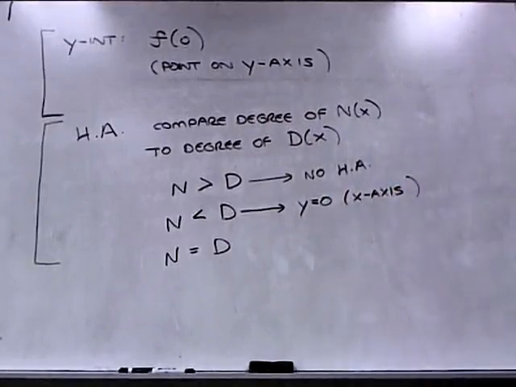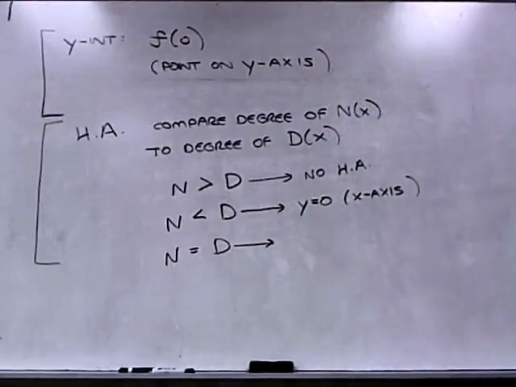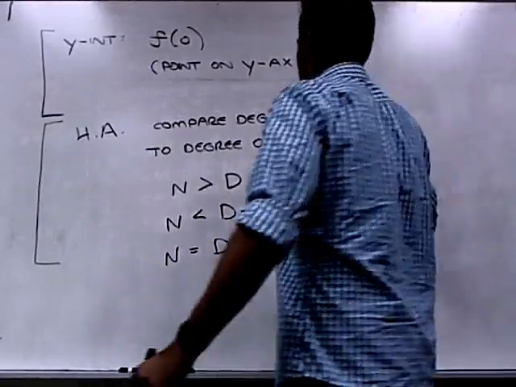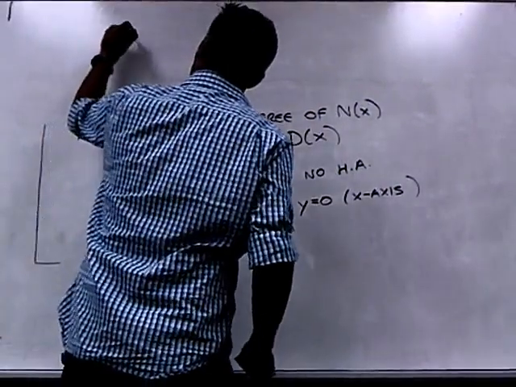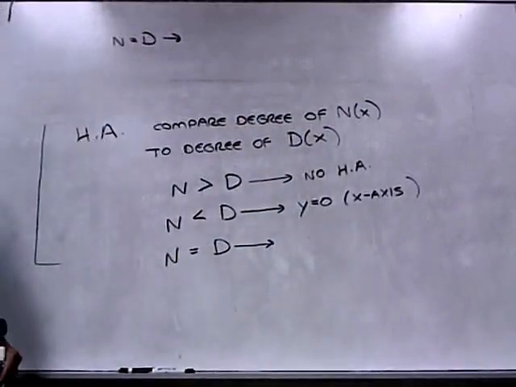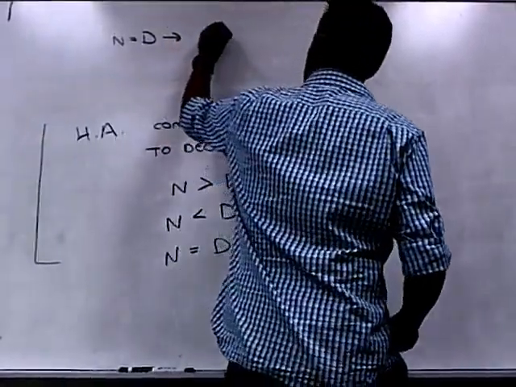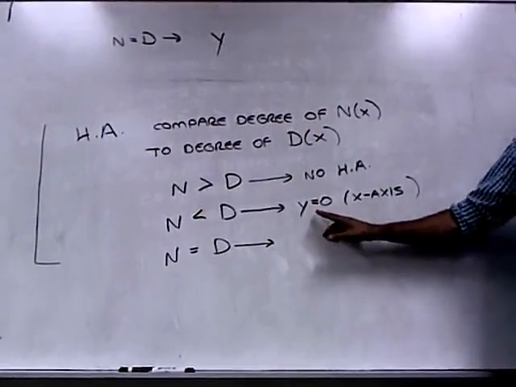And then what if they're the same degrees? Well, this is the trickiest case. I'm going to put it up here because I'm getting low on the board. If the numerator and denominator's degrees are the same, then you will have one, and it will be this. Y equals not 0, not 1, not 2.